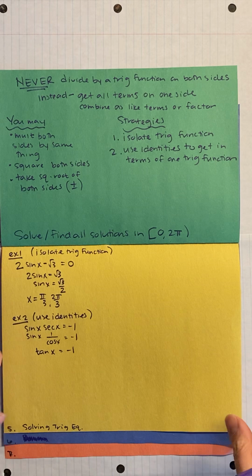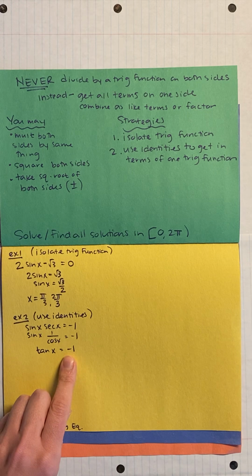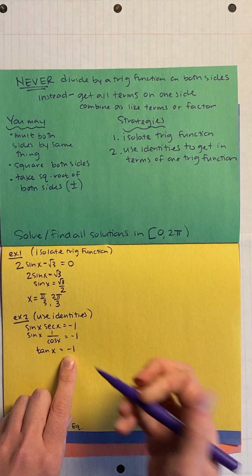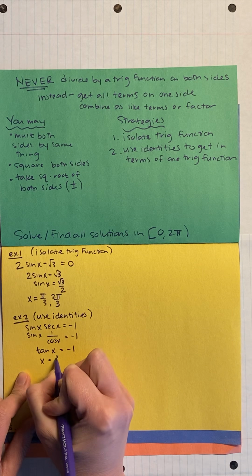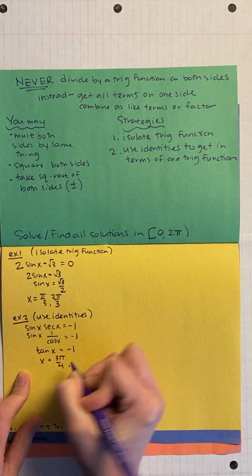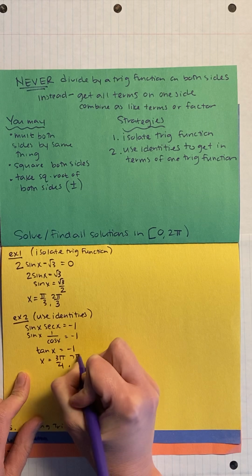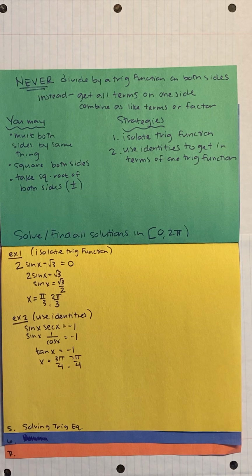So on the back where we wrote those tangent values, you know that tangent is 1 at anything that's over 4: pi over 4, 3 pi over 4, all of those that are over 4. But specifically we're looking for where tangent is -1. And so that would be at 3 pi over 4, and again at 7 pi over 4.